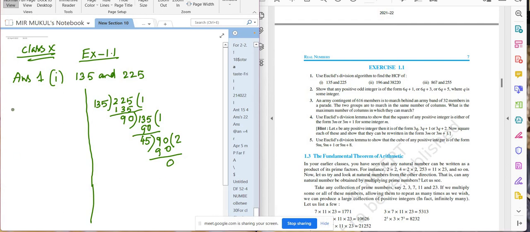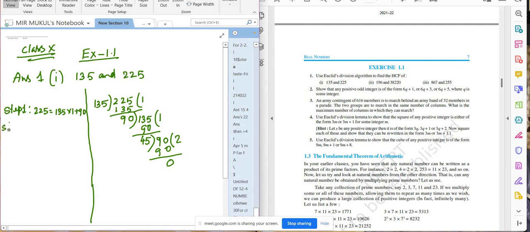Now if you write only this, you will not get marks, because Euclid division has to be written stepwise. So in the first step, you can write 225 equals 135 into 1 plus 90.